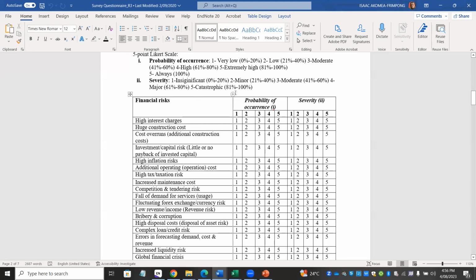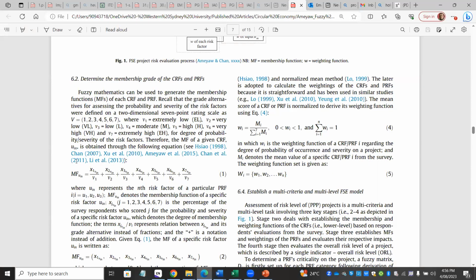That's how you should know them, and that's exactly how it has been explained in this paper. So you can see the 2-dimensional 7-point rating scale, 1 to 7, where 1 means extremely low and 7 means extremely high for the degree of probability and also the severity of risk.